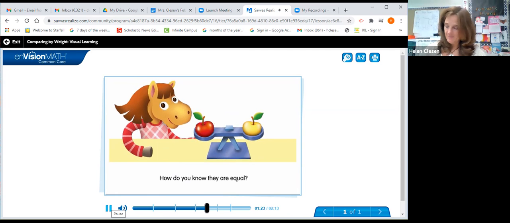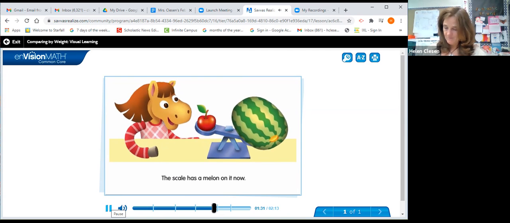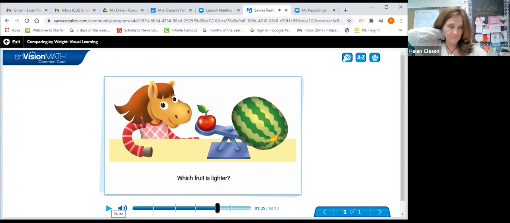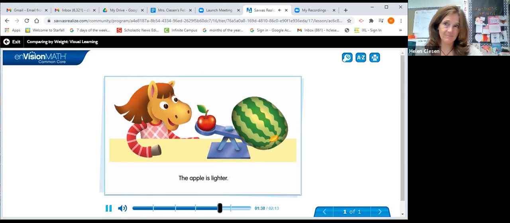How do you know they are equal? Neither side of the scale is down. The scale has a melon on it now. Which fruit is lighter? The apple. Now the melon side went down. The apple is lighter. How do you know the apple is lighter?